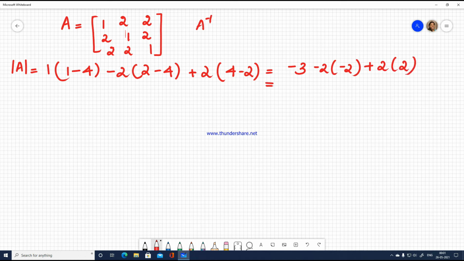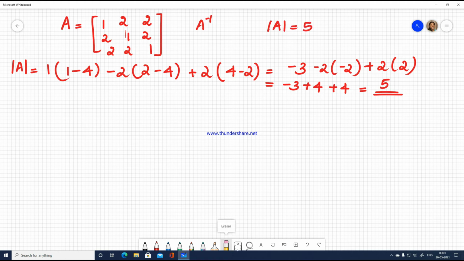That will give you the answer minus 3 plus 4 plus 4. That is 8 minus 3, which is equal to 5. So determinant of A is 5.